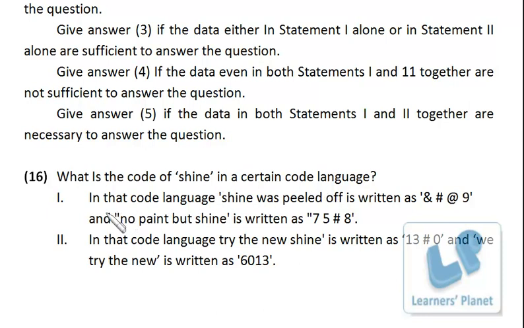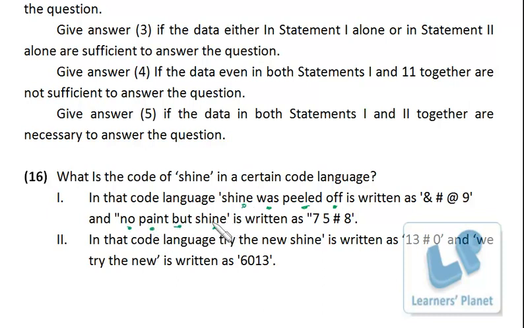Okay, so first let's see the first statement. When you try the questions on data sufficiency, you just have to check both the statements individually, right? In that code language, shine was spelled off is written as this, and no paint but shine. Here we have 4 letters, and here also 4.